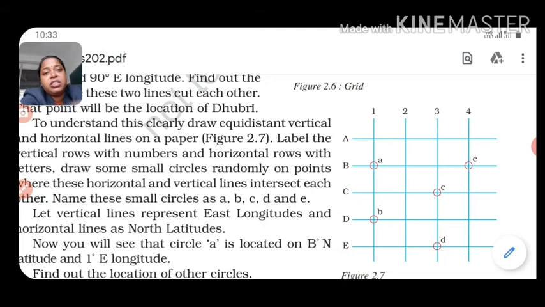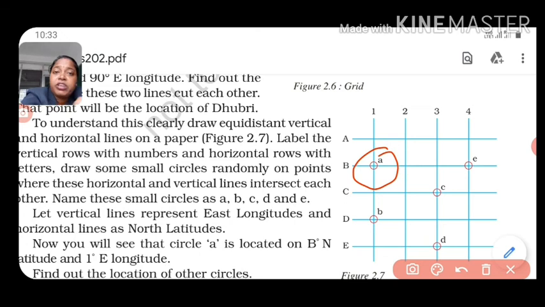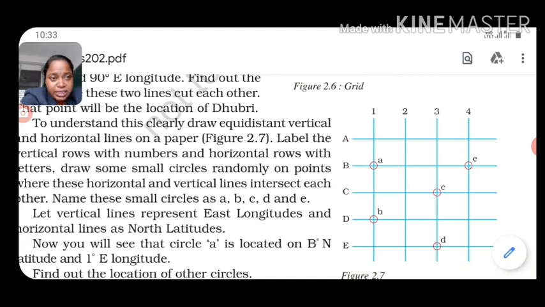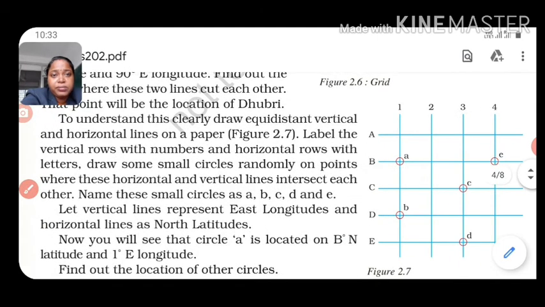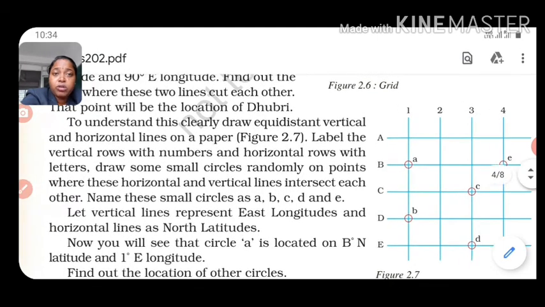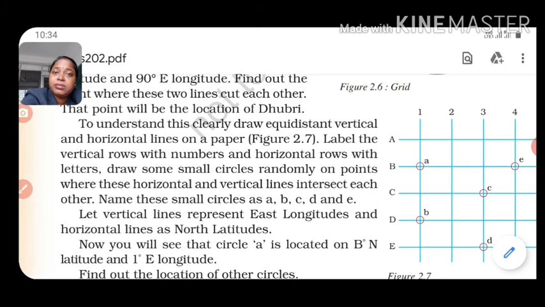Suppose this one is a particular location. Okay. We need to find out that location. How will we find out? Only when the latitude and longitude cross each other at the particular place. And that is the main location of that particular area, isn't it? It has both latitude and longitude directions. Okay. Like this, you can calculate the particular location of a particular area.